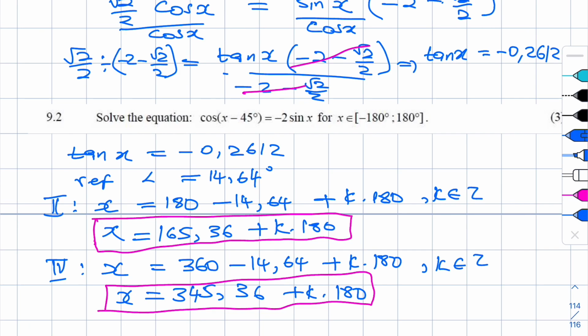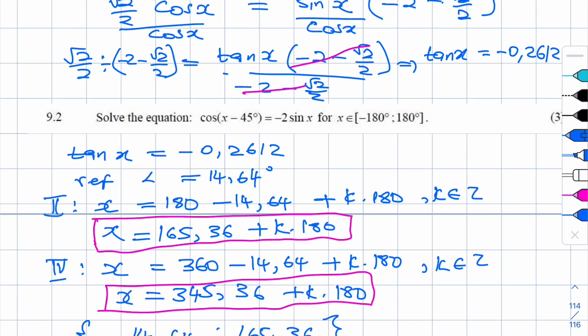So now to get the solution, you're going to substitute the integer values of k. For example, you can say negative 3, negative 2, negative 1, 0, 1, 2, 3, and so on. Once you've done that, there are only two solutions. The first one is negative 14.64. The second one is 165.36.